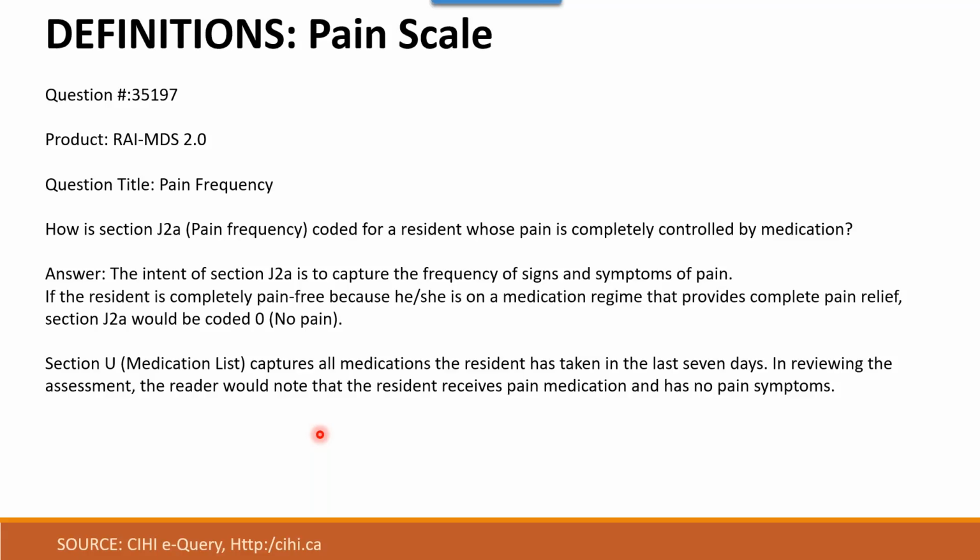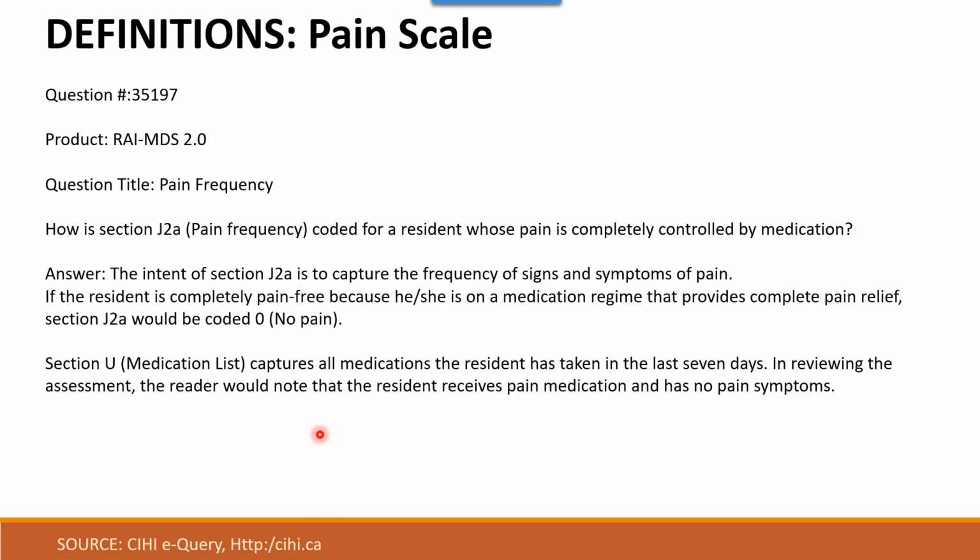And they wanted to know how the item J2A pain frequency is coded for a resident whose pain is completely controlled by medication. And I think we know the answer here. The intent is to capture the frequency or signs and symptoms of pain.